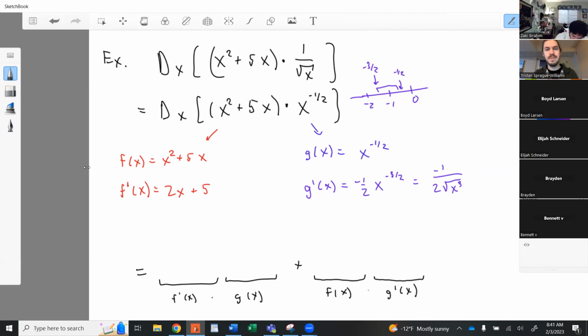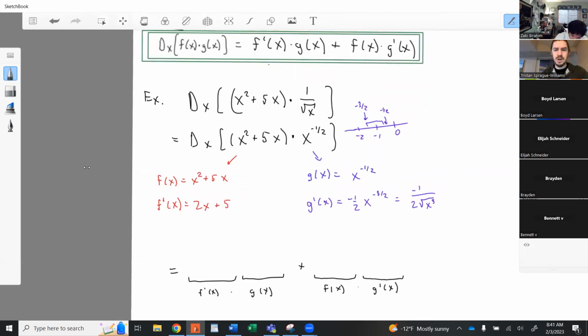Okay, that's the format. Here, I'll zoom out a little bit so you can see it. That was our product rule that we discovered, right? By doing that sort of geometry thing with a rectangle. That's how it works. So now I just have to take the pieces and put them in the right places.